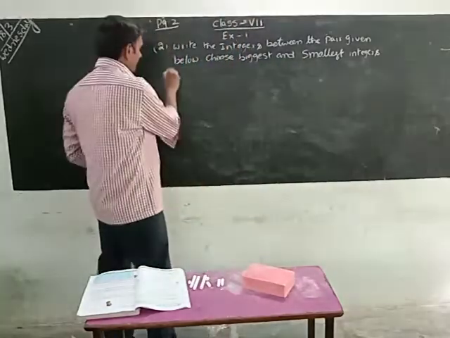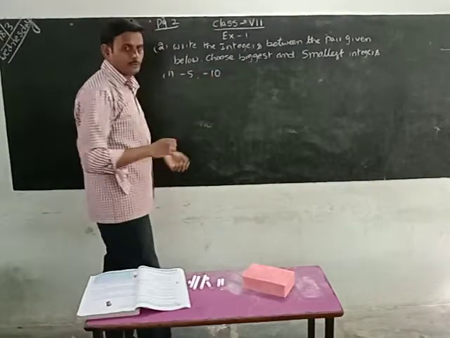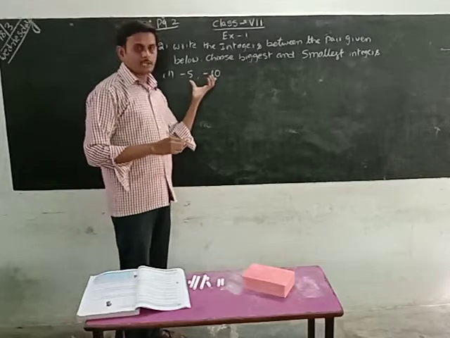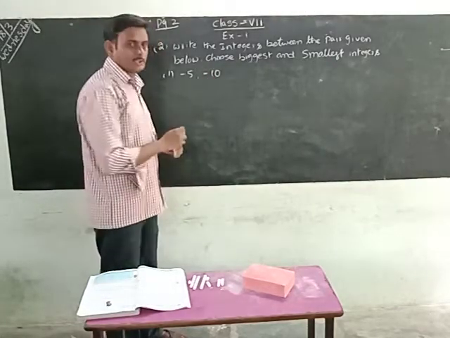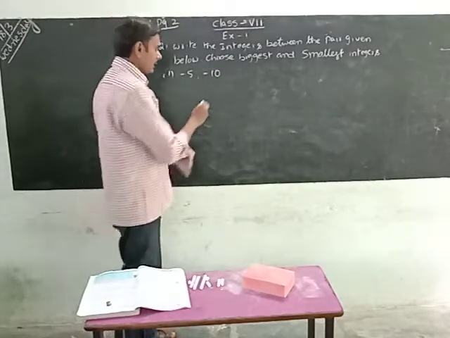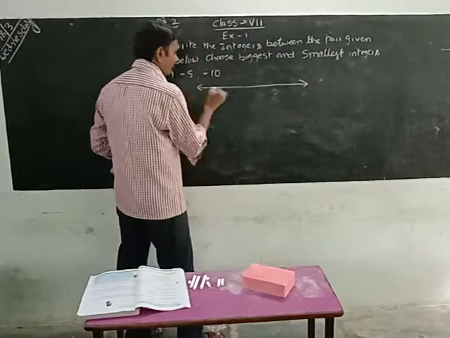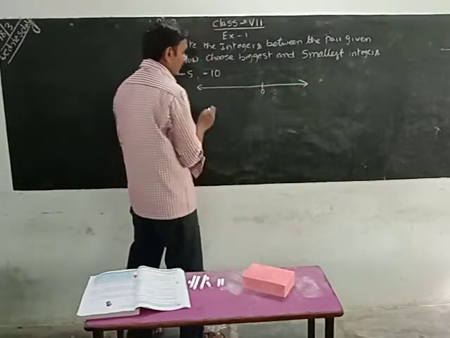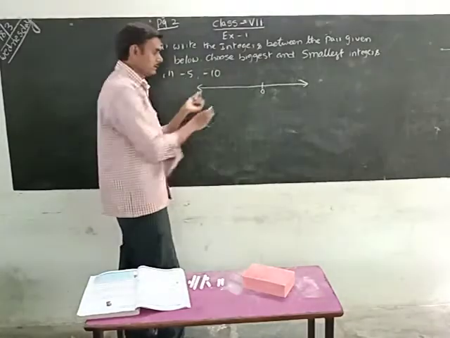What is the first pair? -5 and -10. Between these two numbers, how many integers are there? First identify. For this we can write it directly or use a number line, which will be easy for you. One integer is -5, another is -10.